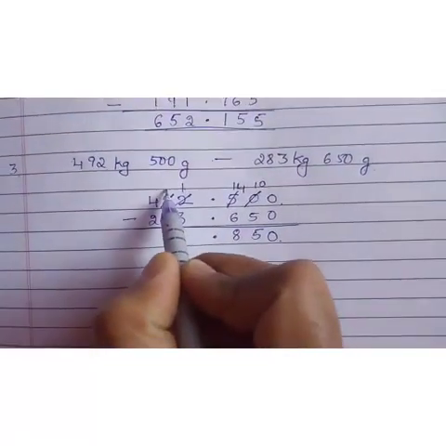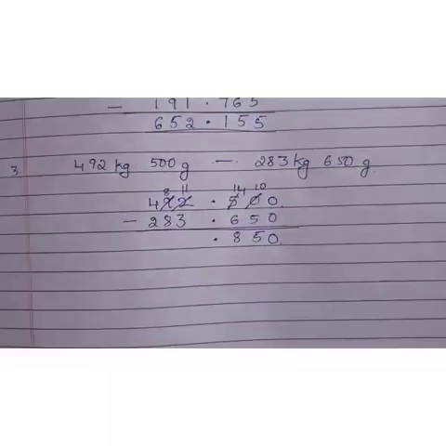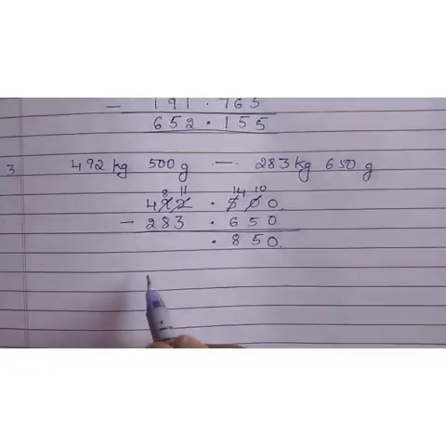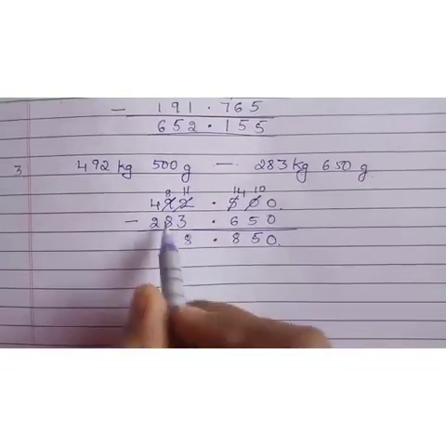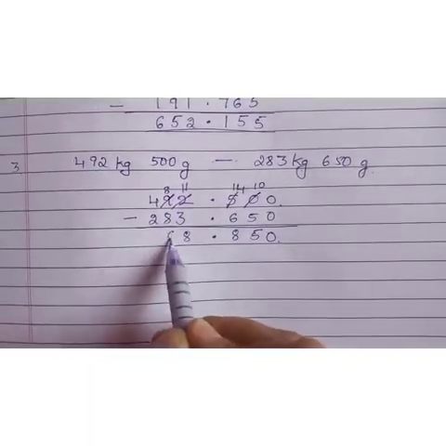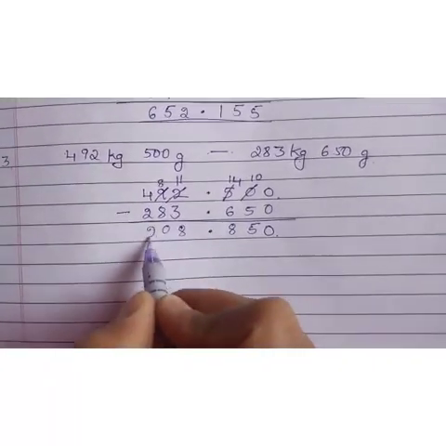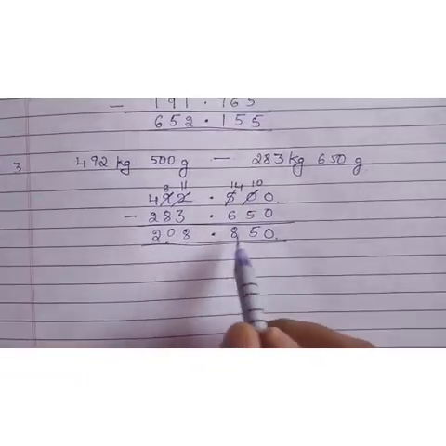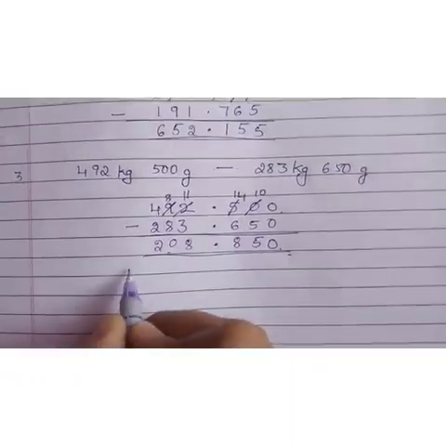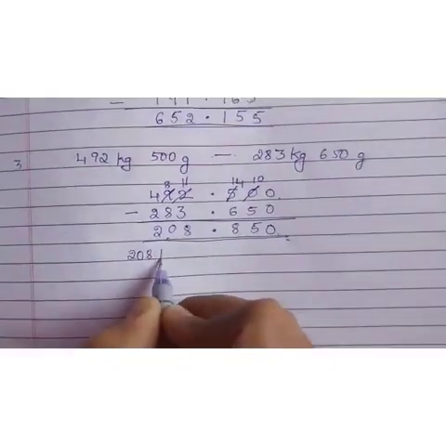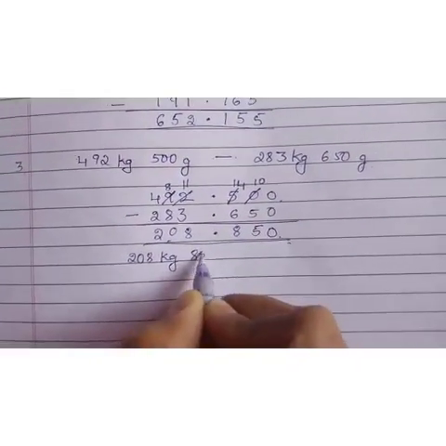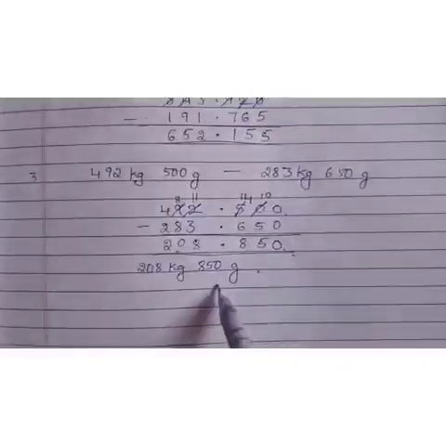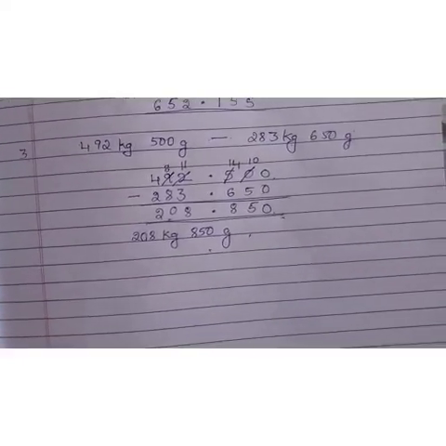No. So it becomes 8 and this is 11. 11 minus 3 again 8. 8 minus 8 is 0. 4 minus 2 is 2. So your answer is 208.850 or you can also write 208 kgs 850 grams as it is given in the question.